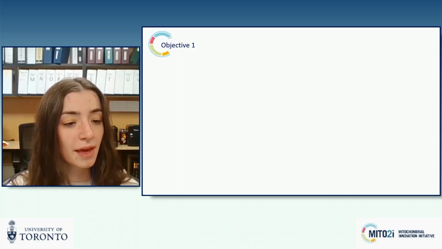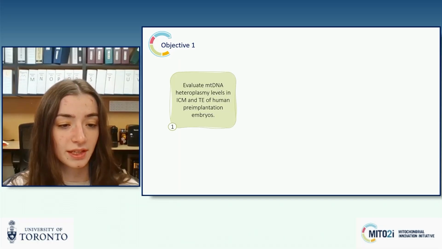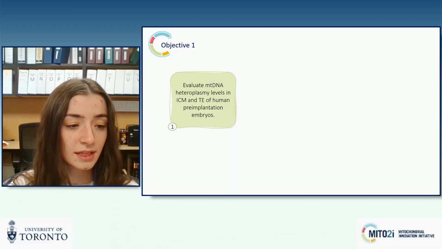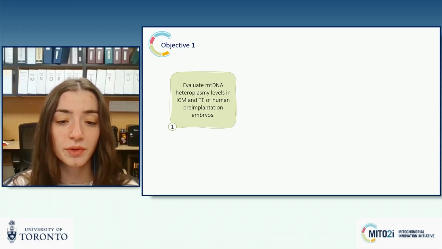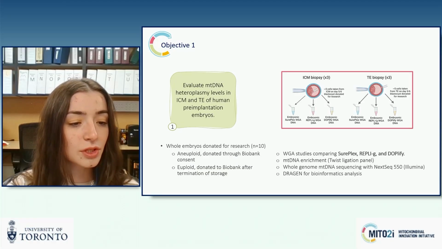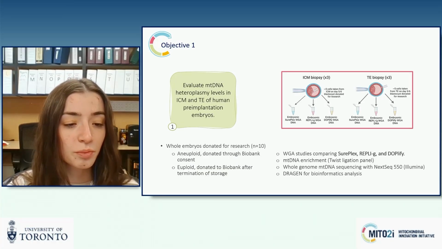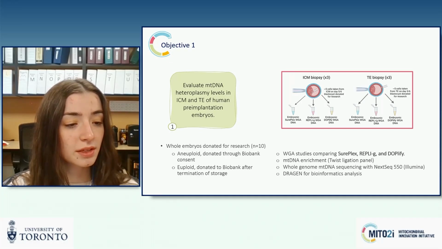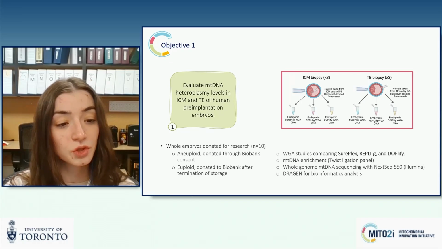Now moving on to my main aims, my first objective will be to evaluate the mitochondrial DNA heteroplasmy levels and dynamics in the inner cell mass and trophectoderm of human pre-implantation embryos. I will be using 10 embryos donated for research, either aneuploid and donated through biobank consent, or euploid and donated to the biobank after termination of storage.